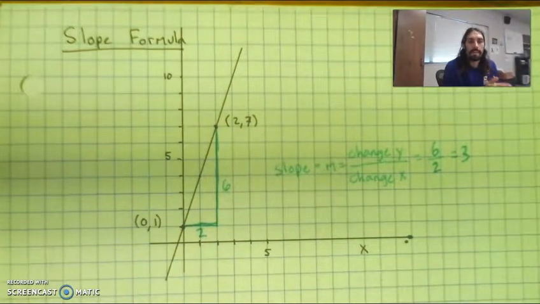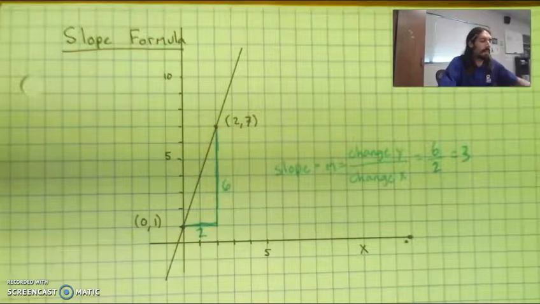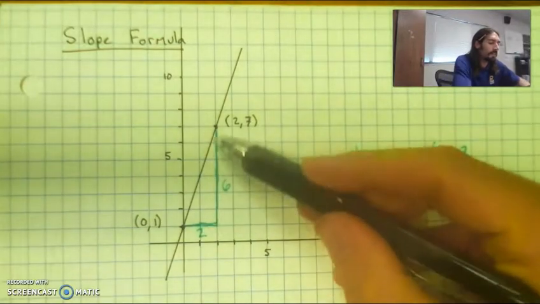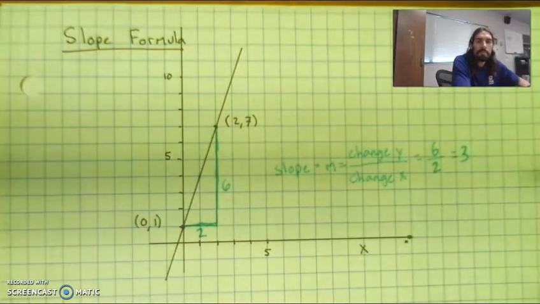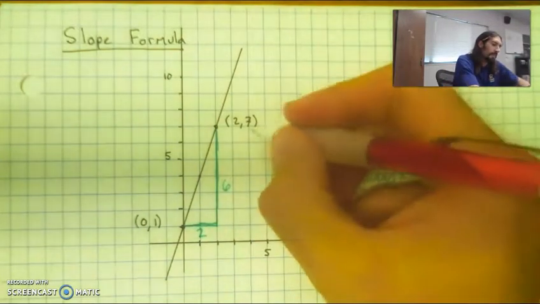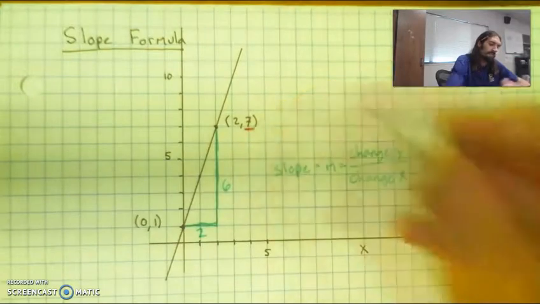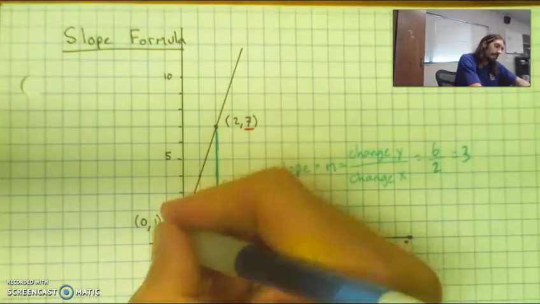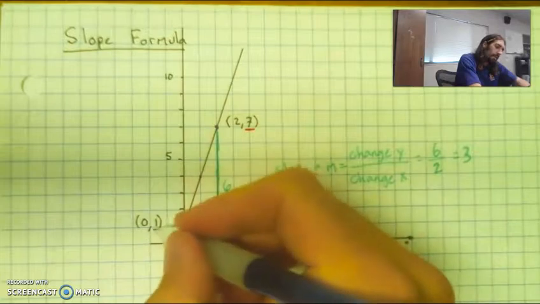And what I want to highlight right here is in this case we had the graph so that we could count the squares. But here's where I want you to think about where this 6 comes from. That 6 is coming from the 7 take away the 1.